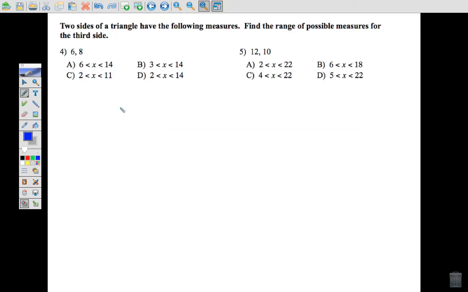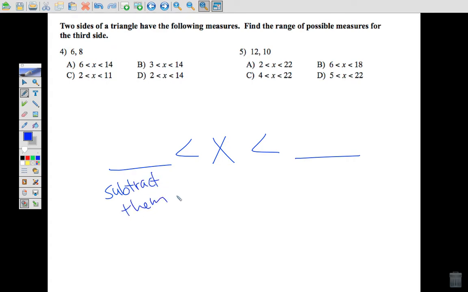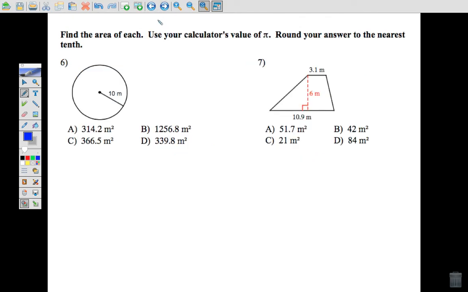On this one, I'll just tell you when you're looking for the third side of the triangle, it can fall between 2 numbers. The lower number you get by subtracting the other 2 sides you have. And this one you get by adding them. It's pretty easy.